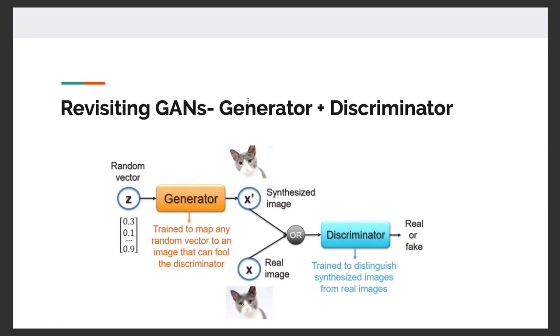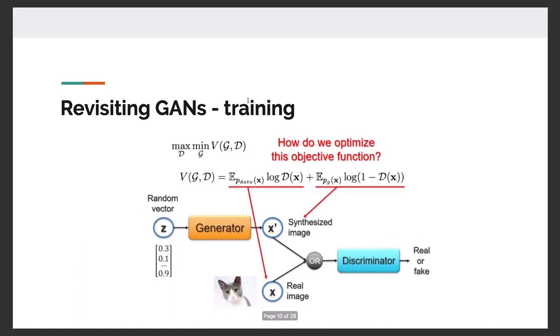So let's look at the training of a GAN framework. When we want to understand the training process of a machine learning task, the very first thing is to look at the loss. The loss of a GAN is a minimax game with value function V, and the target of the generator is to minimize the loss, and the target of the discriminator is to maximize the loss.